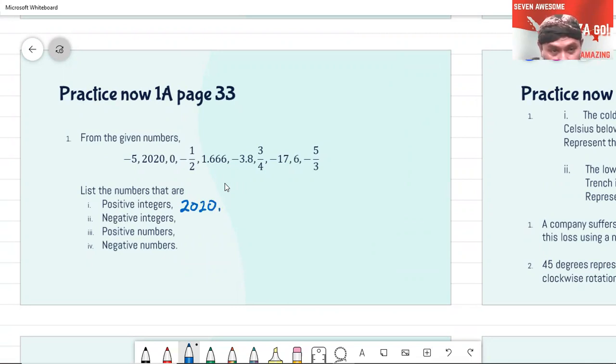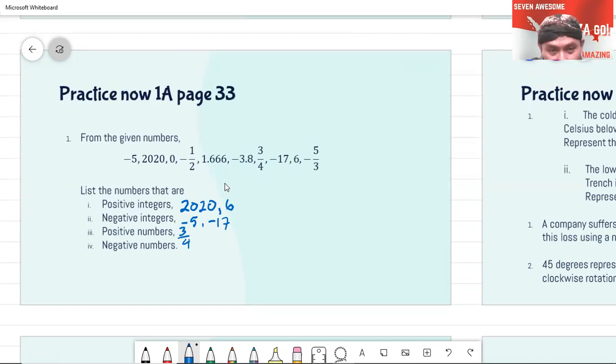What else? We have 6. Anything else? No, I'm afraid not. Negative integers: we have -5. What else? Oh, we have -17.